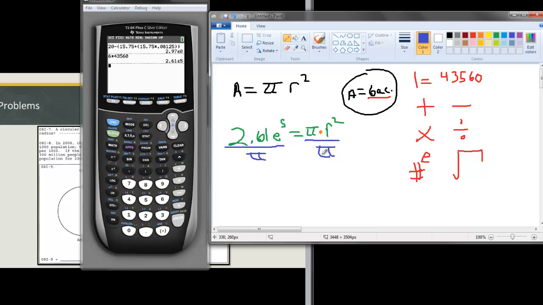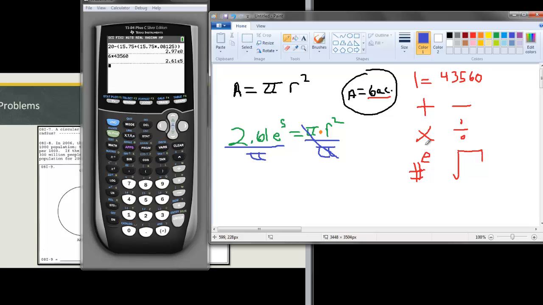Okay? What happens here is these cancel out. And when I say cancel out, what's 2 divided by 2? It's just 1. What's 5 divided by 5? 1. What's pi divided by pi? 1. Okay? So if I have just 1 here, what is 1 times any number? It's going to be that number. For example, what's 1 times 7?